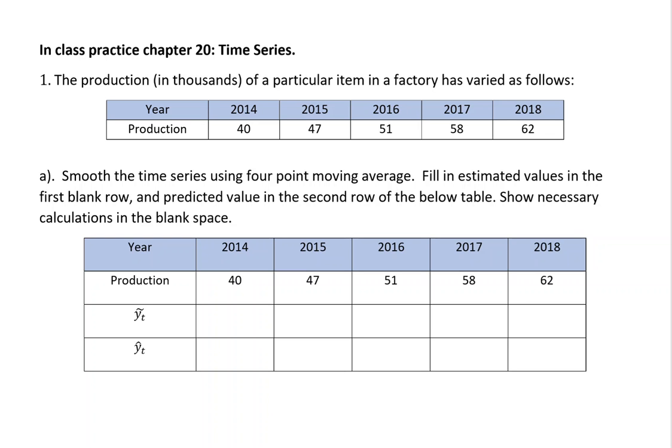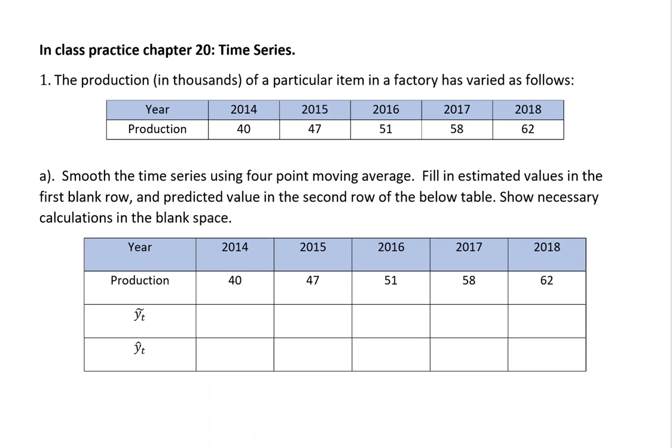Alright, so let's work on this assignment for the time series. Actually for the time series, this is the only part that you need to calculate something. Here we talked about the smoothing methods, right? For the smoothing methods, we have two methods introduced in our chapter.